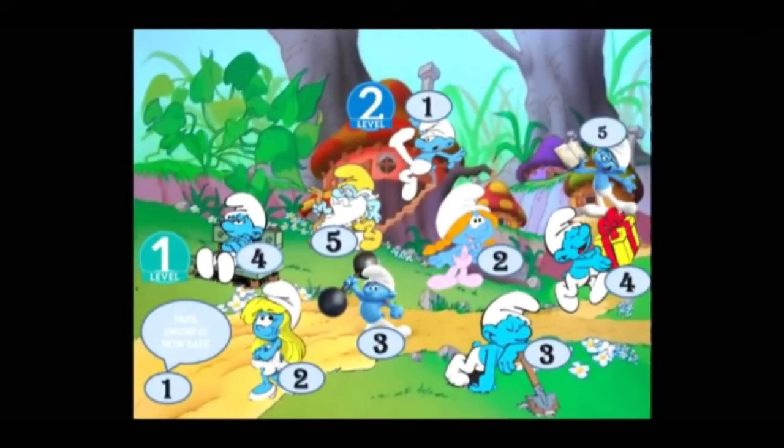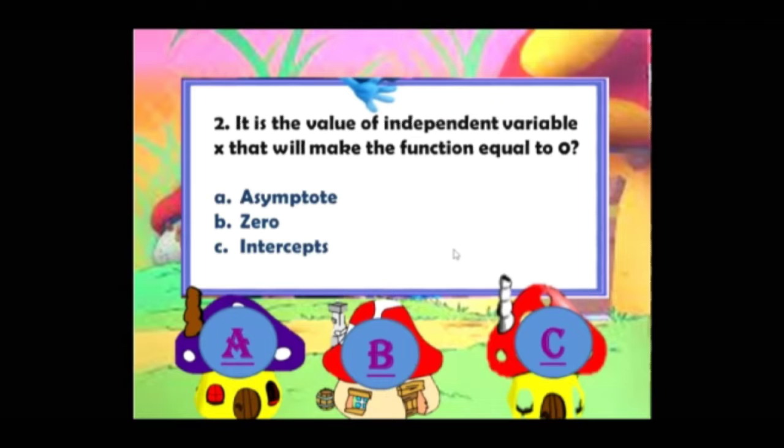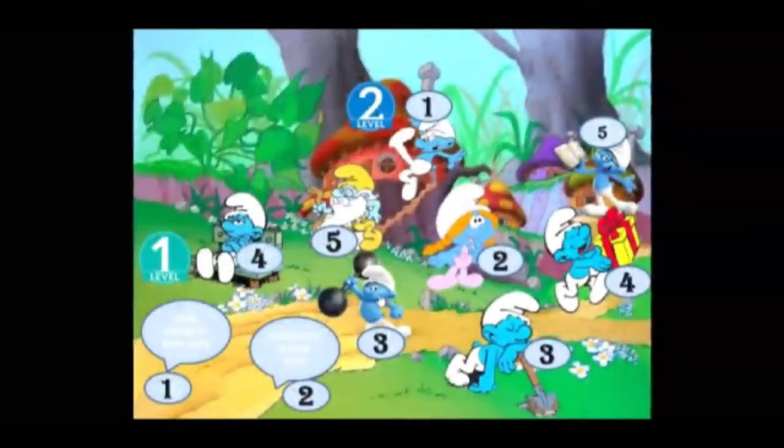Number 2. Please answer, Miss Umali. It is the value of independent variable x that will make the function equal to 0. Your answer is letter B. Correct, Miss Umali. Number 3.